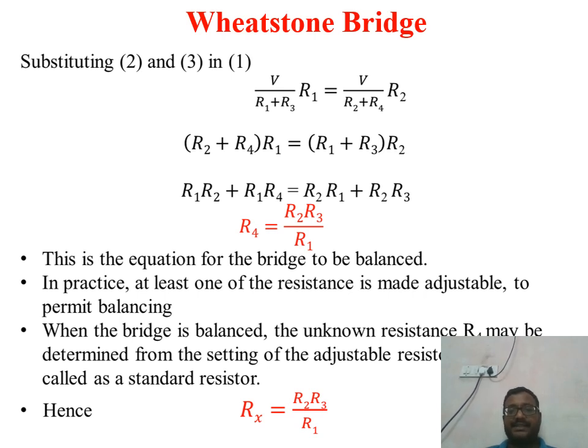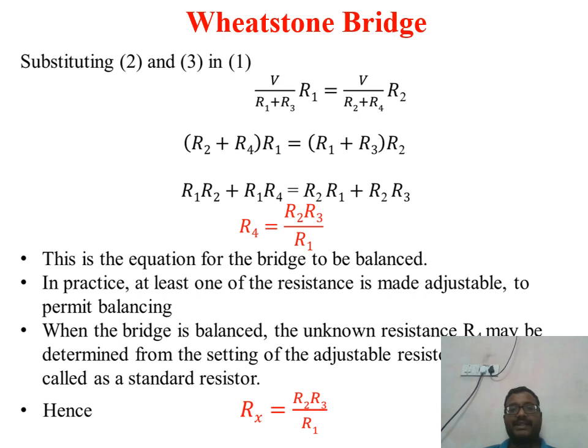So this is the equation for the bridge to be balanced. In the balanced bridge condition, the resistances R1 R4 is equal to R2 R3. You can clearly observe that the products of the opposite arms of the resistances are always equal. R1 R4 is equal to R2 R3.